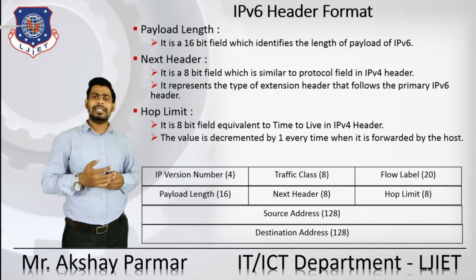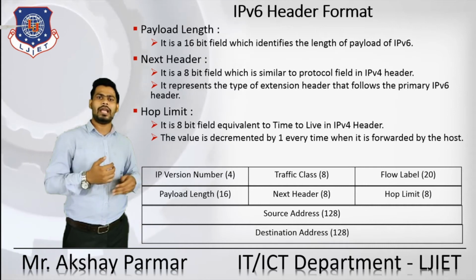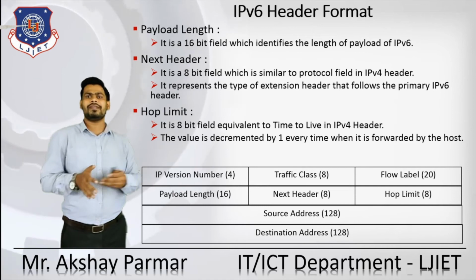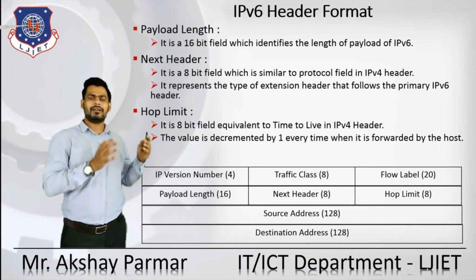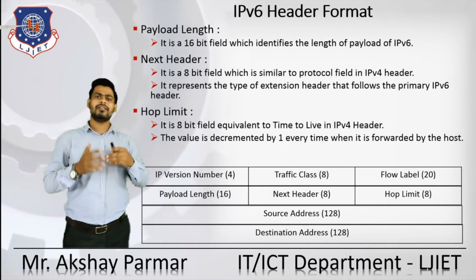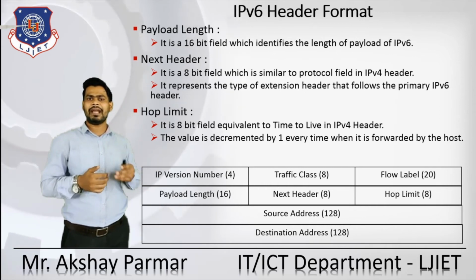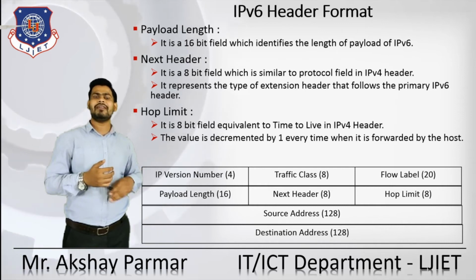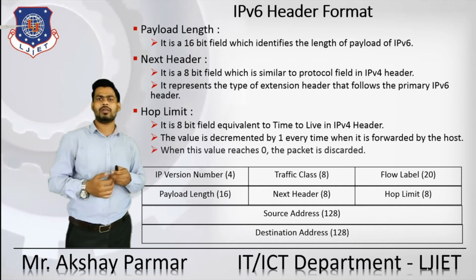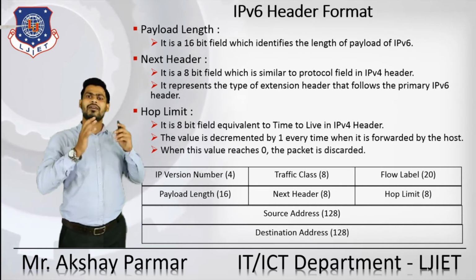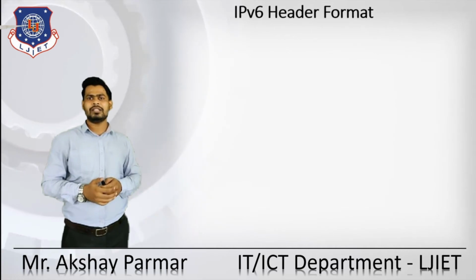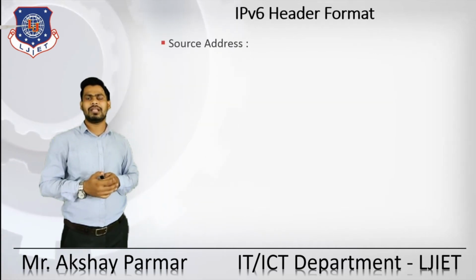The value is decremented by 1 every time the packet is forwarded by one host. So with the hop limit, we can limit how many hops the data can be transferred. When the hop limit reaches 0, the packet is discarded. That is the functionality of the hop limit.